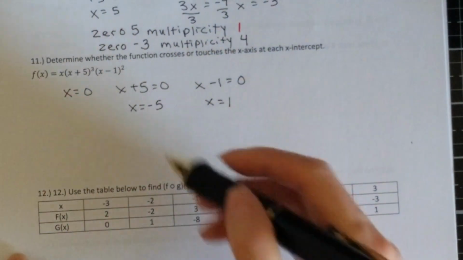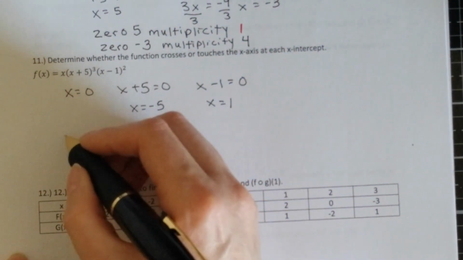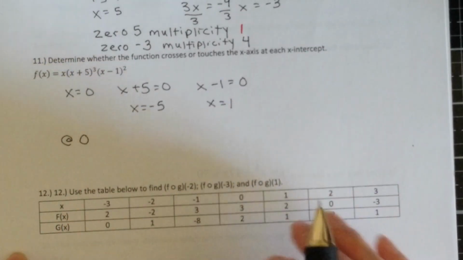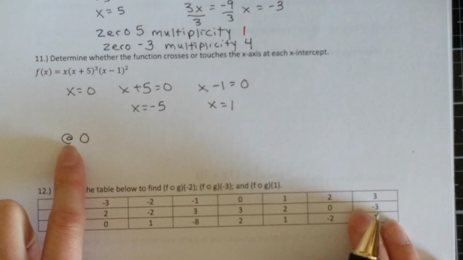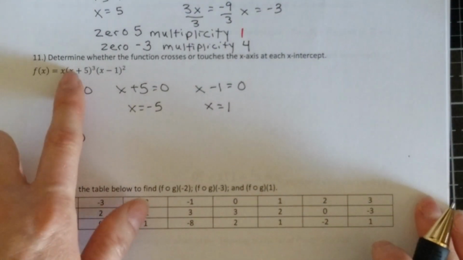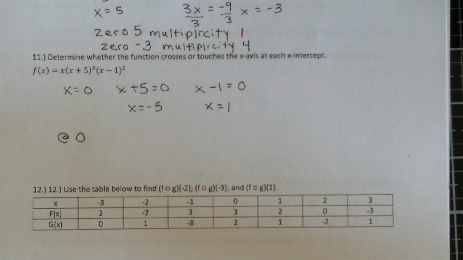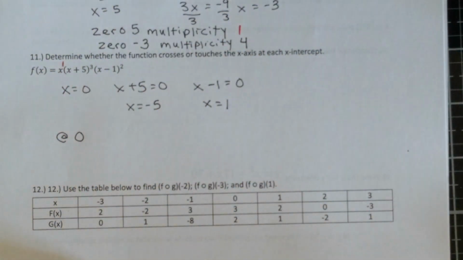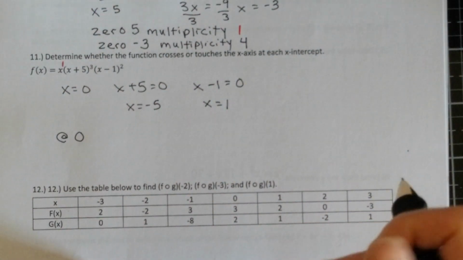All right, so the first one we have is at 0. So I'm just going to use the at symbol instead of writing out the word at. So at 0, what you do is you look at the degrees. Okay, so the degree on this one would be 1. If it's odd, it will cross. If it is even, it will touch.